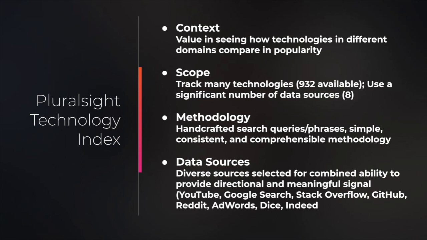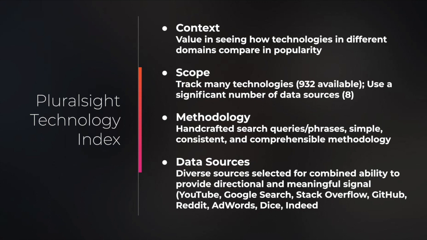Our data sources are YouTube, Google Search, Stack Overflow, GitHub, Reddit, AdWords, Dice, and Indeed. We selected those somewhat subjectively, looking for data sources that would help solve for the bias problem with a kind of crowdsourcing approach.